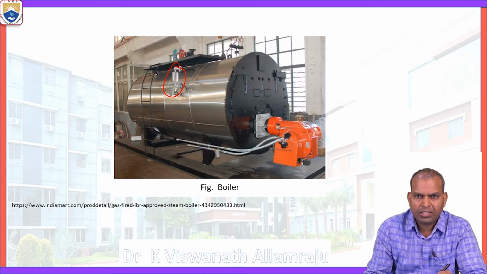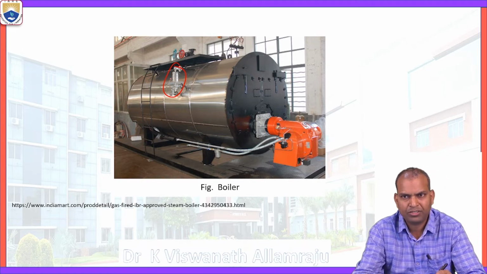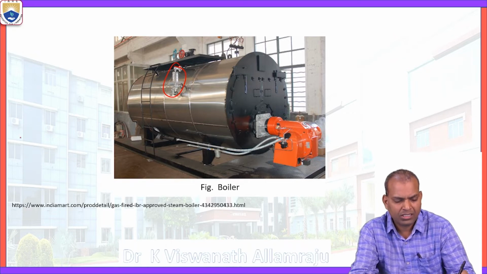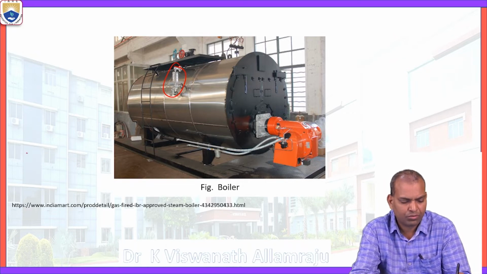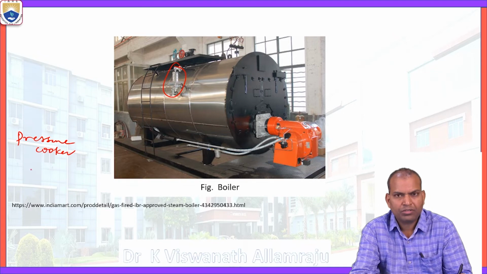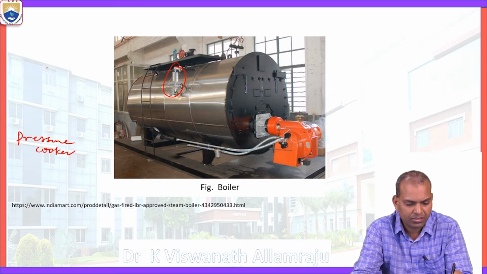The basic principle of this boiler is that it is a steam exchanger or steam generator. We can see a similar example in kitchenware, the pressure cooker. In the pressure cooker, there is a safety valve and, at the same time, the whistle.